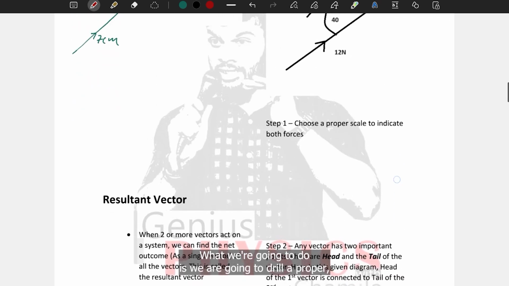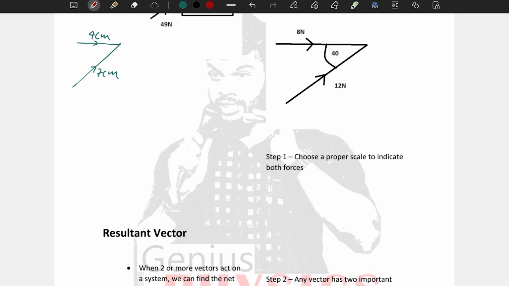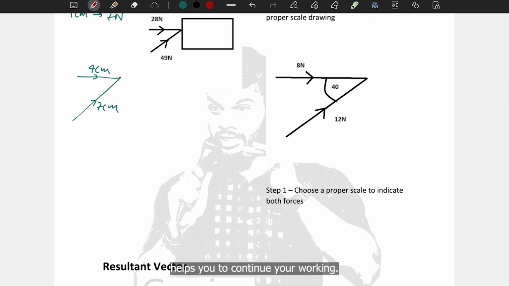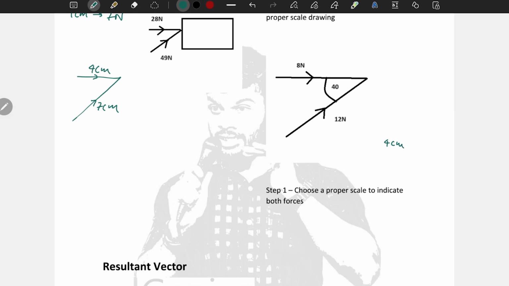As here, what we are going to do is draw a proper, appropriate scale diagram to find the resultant. So I encourage you to choose a relevant scale which really helps you to continue your working. So this time I think I can choose 4 centimeters to represent 1 Newton.